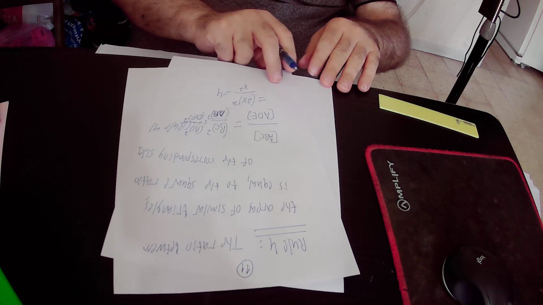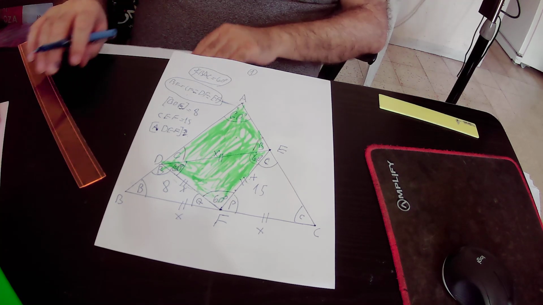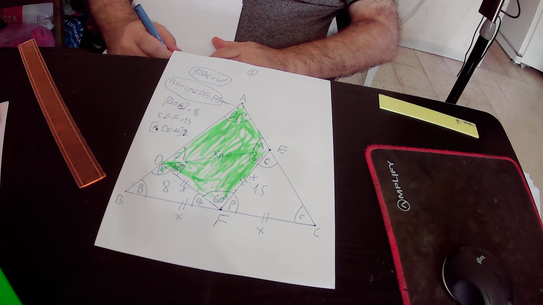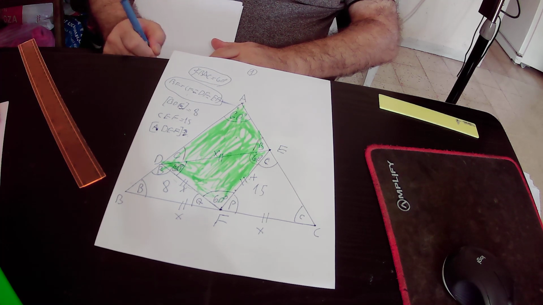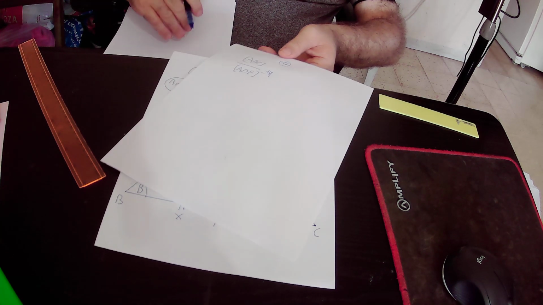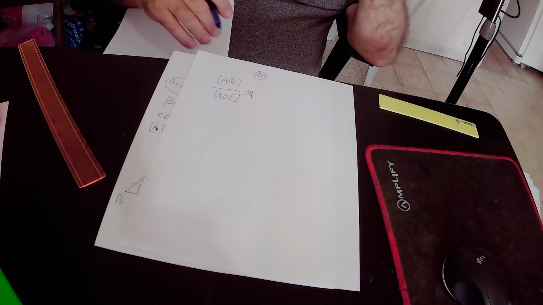So the ratio between the area of the big triangle ABC to the area of triangle ADE equals 4.